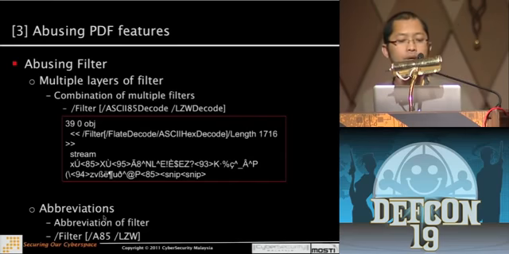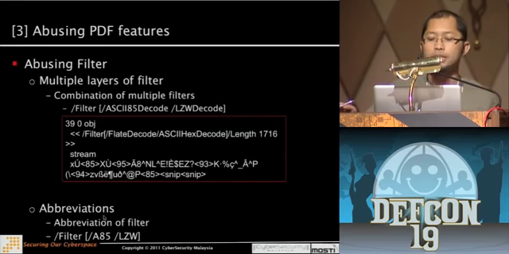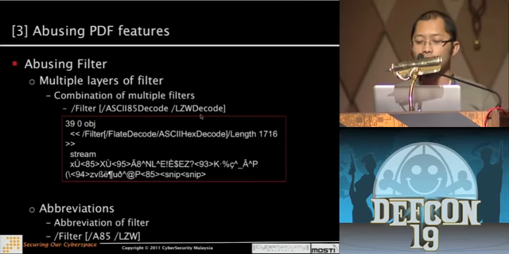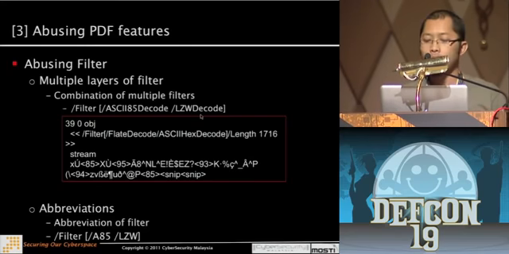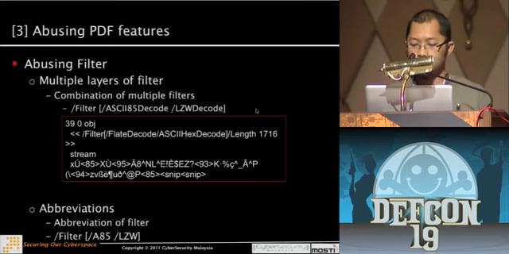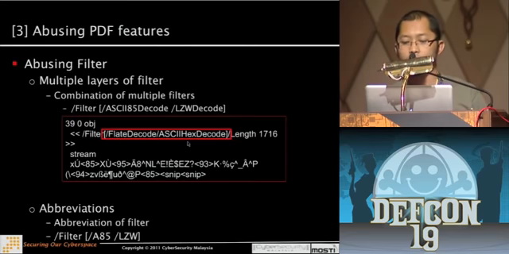And then you can also abuse the filter by implementing multiple layers of filters. For example, you combine ASCII85Decode with LZWDecode. There is no limit for you to play around with it, so you can add multiple filters. For example, this one implements FlateDecode and then ASCIIHexDecode later on.